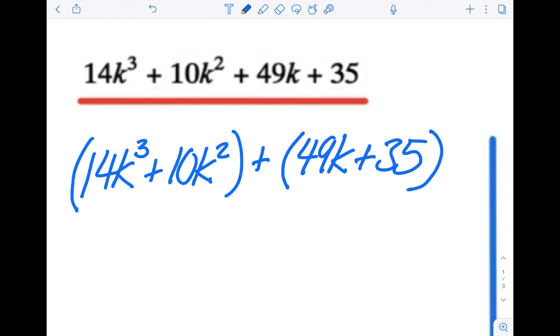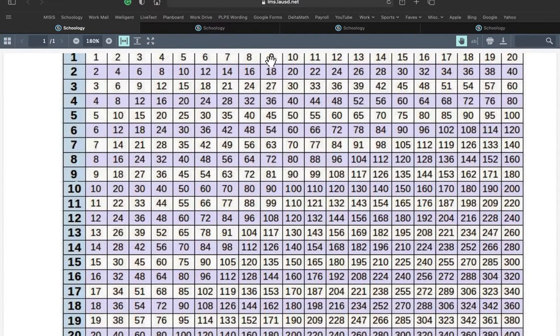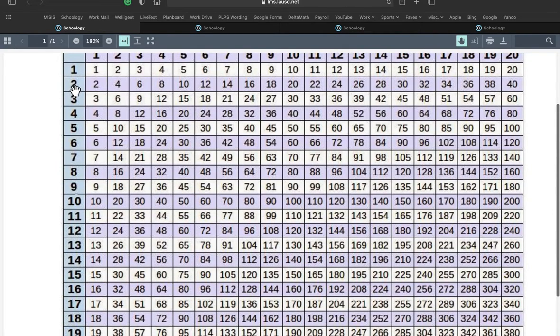All right, so what can I factor out? What number can go into 14 and 10? So where do I see 14 and 10 in the same aisle? 14, but not 10. Oh, look, 10 and 14.